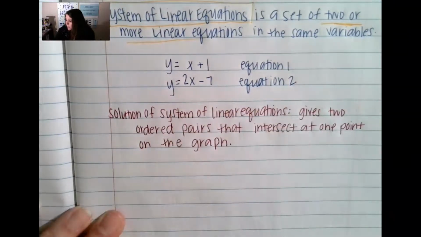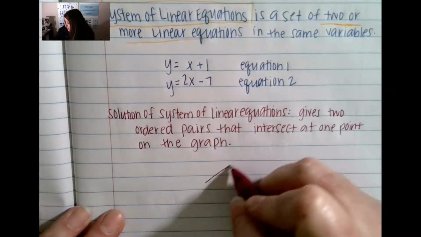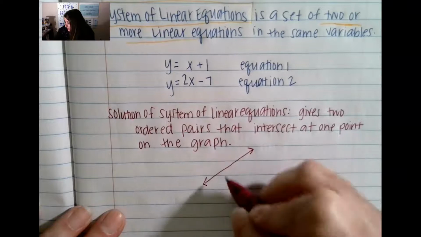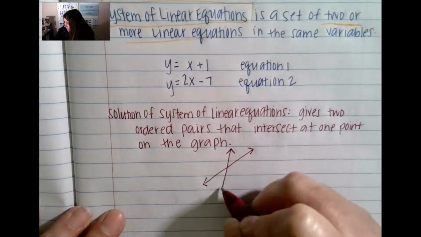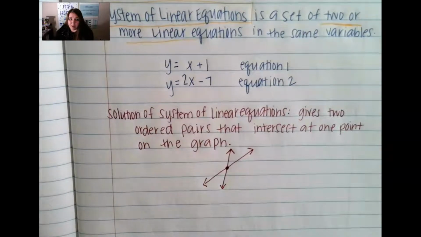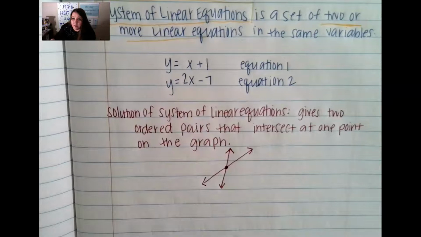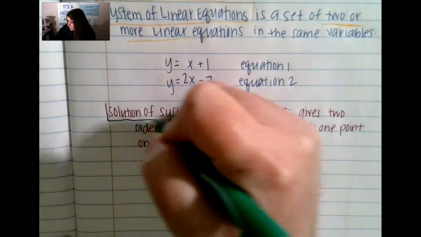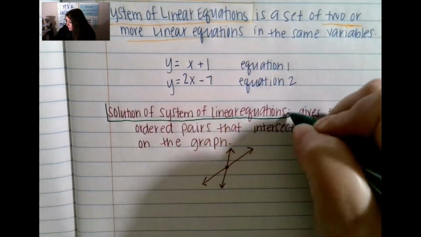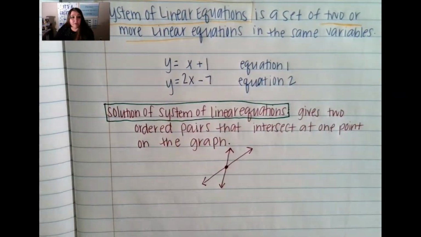For example, if I were to graph one equation and then graph another equation, a solution would be where they intersect. So you have two equations that work together to give ordered pairs, and then those will intersect one another to give you lines that work together like that.